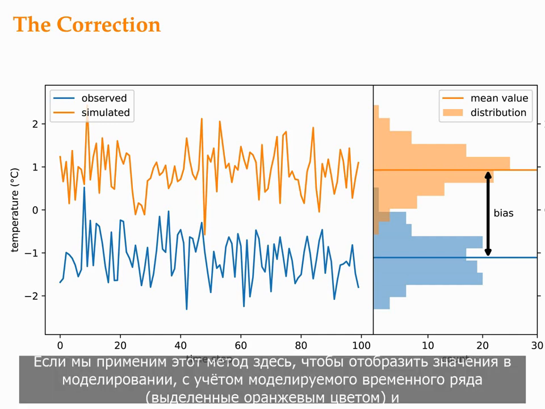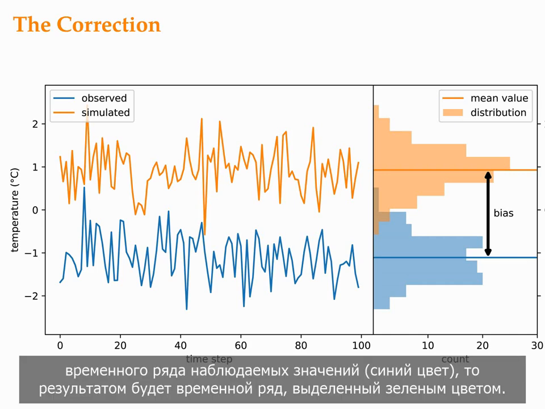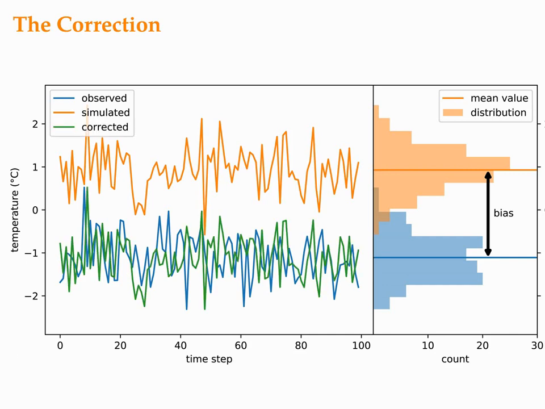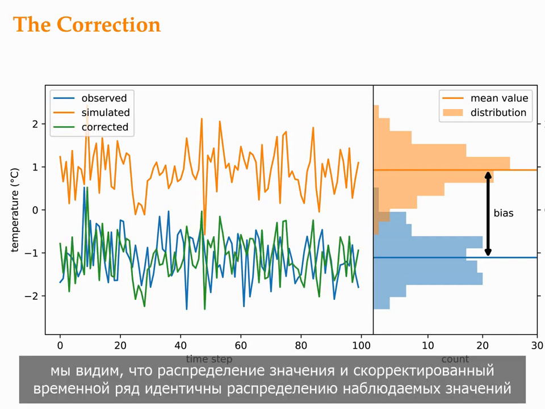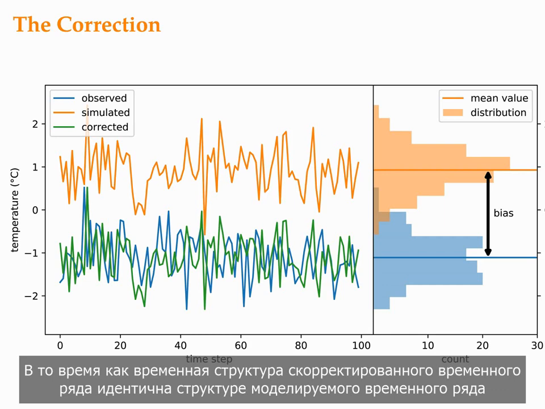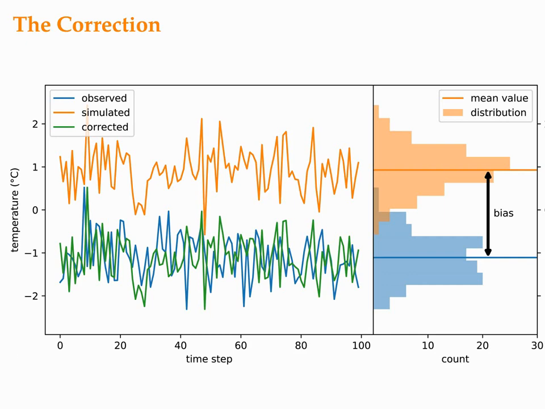If we apply this method here to map the values in the simulated time series in orange to those of the observed time series in blue, the result is the corrected time series plotted in green. We see that the distribution of the values in the corrected time series is identical to the distribution of the observed values, while the temporal structure of the corrected time series is identical to that of the simulated time series.